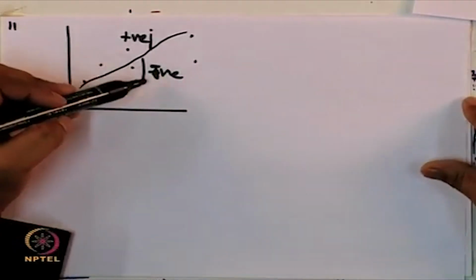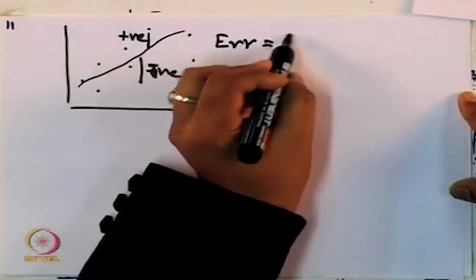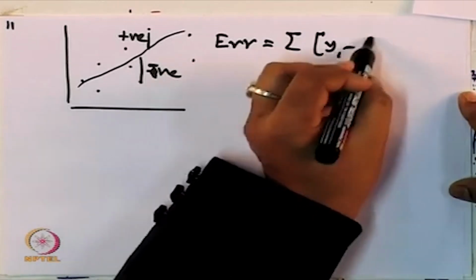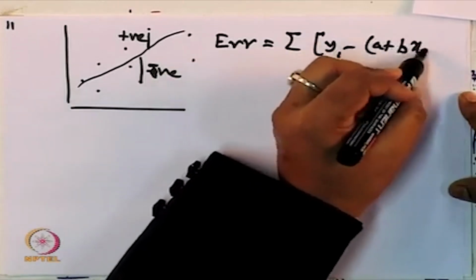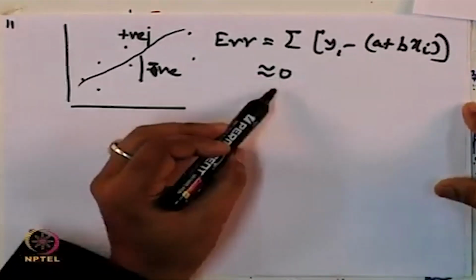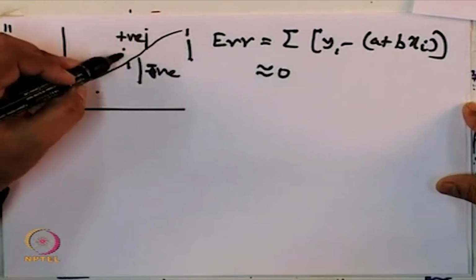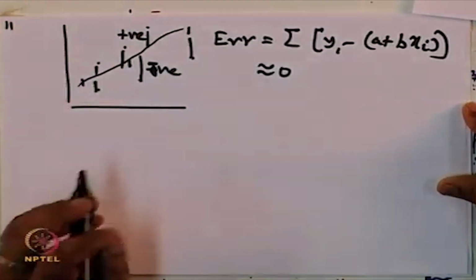So, some errors will be positive and some errors will be negative. So, for the function error equal to the summation of yi minus (a plus bxi), if you actually do it, you might get a value of error which is close to 0, but this is not what we are minimizing. We are minimizing the sum of each of these deviations from the actual value.